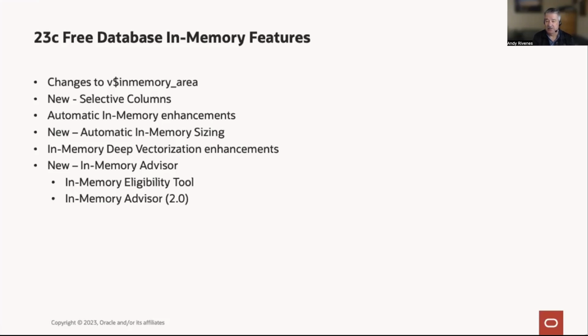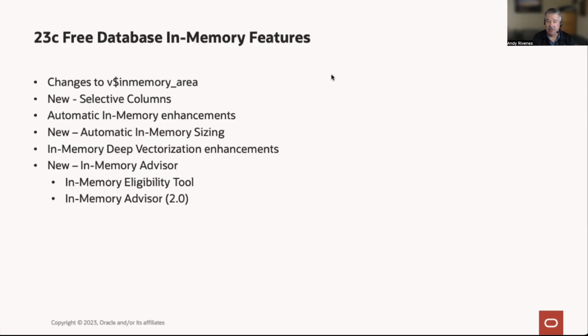So you can use it without having to have either Advanced Compression or Database In-Memory. And since it's part of the database, you don't have to install a separate utility, which is important for a lot of people, because you can't just go changing production and adding packages without going through a fairly rigorous process of ensuring that there aren't going to be any side effects. So now we're delivering this as part of Oracle Database.